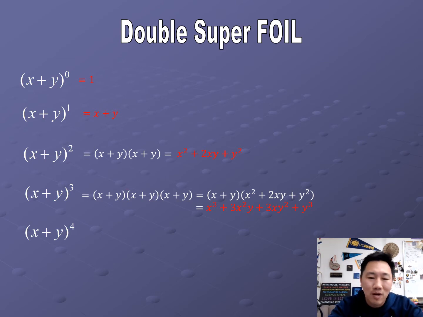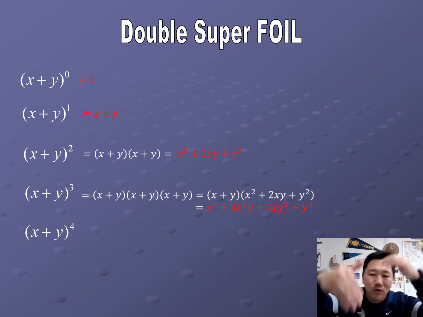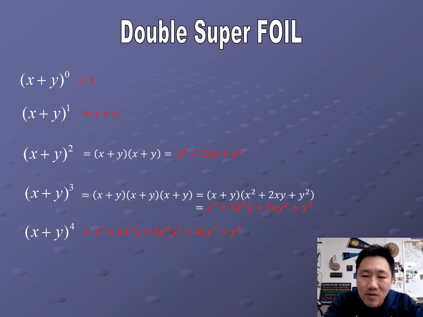What about x plus y to the fourth? That's writing x plus y 4 times in parentheses and foiling. Basically using the distributive property to get that. Now, are you guys picking up some sort of pattern yet? Because the whole point of this is to look for a pattern. Let's look at the x's.